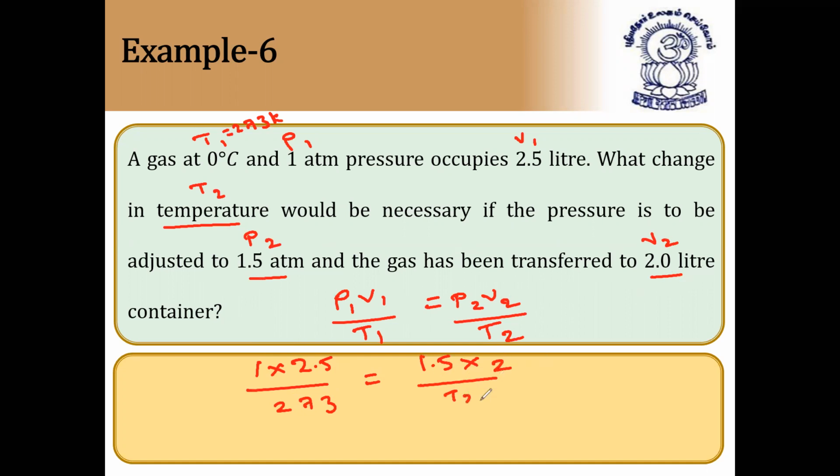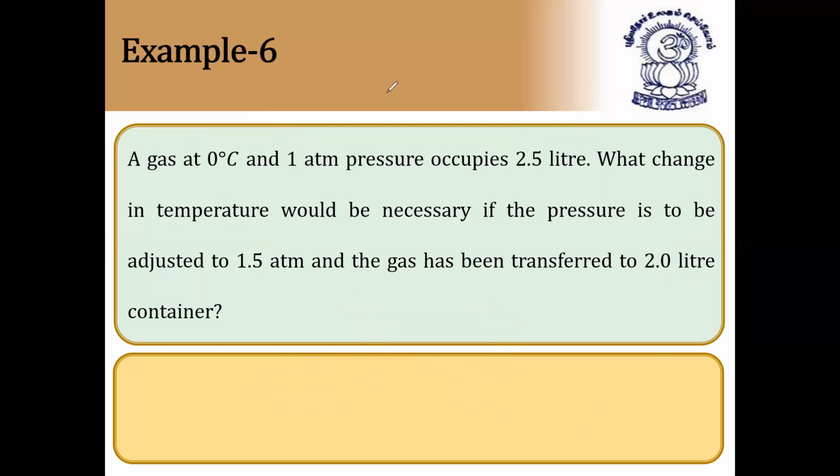T2 we have to find. This implies T2 is equal to 1.5 into 2, that is 3, into 273. This 273 will go this side, divided by 2.5 into 1. So you'll get the answer by substituting these values, the temperature in kelvins. If they have given the answer in degrees C, you have to change the kelvin into degrees C by subtracting 273. I hope it is clear.